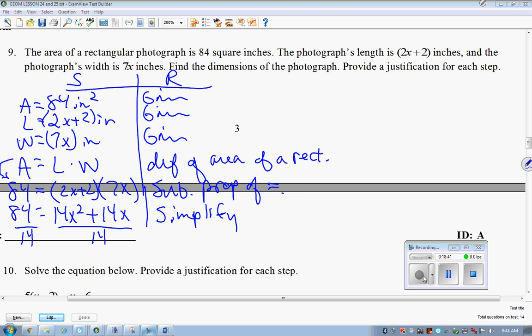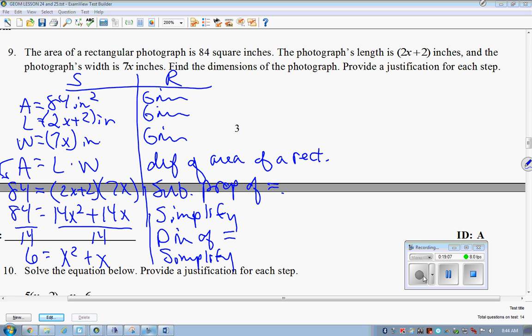That's going to be division property of equality because I'm dividing everything by the same thing. 84 divided by 14 is 6. So I get 6 equals x squared plus x, and that's just simplify.